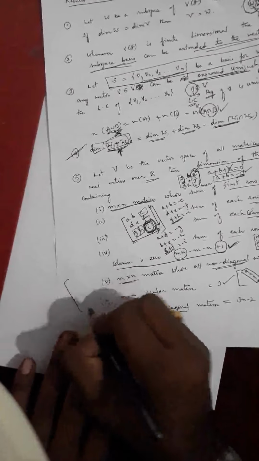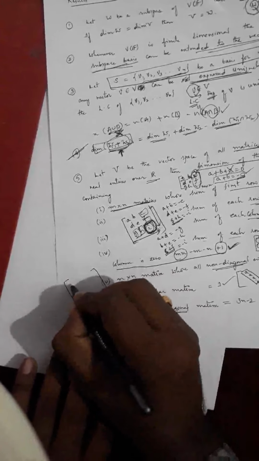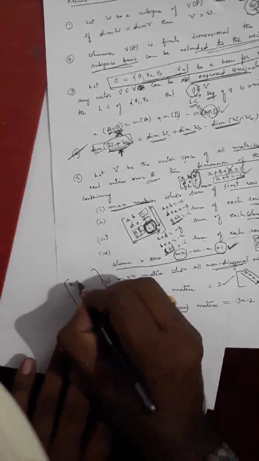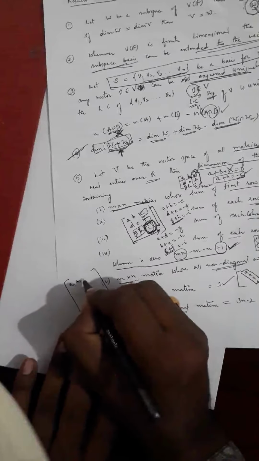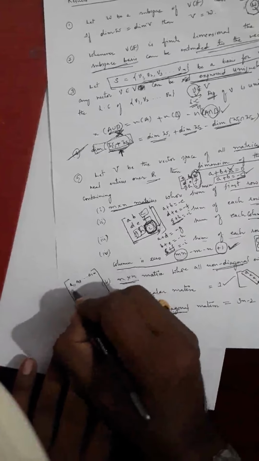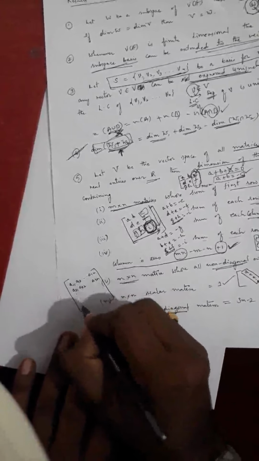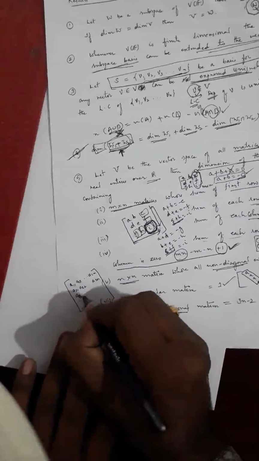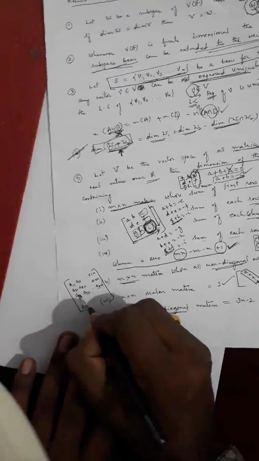see, if I have a matrix a11, a12, a1n, a21, a22, a2n, a23, a31, a32, a3n, an1, an2, ann.